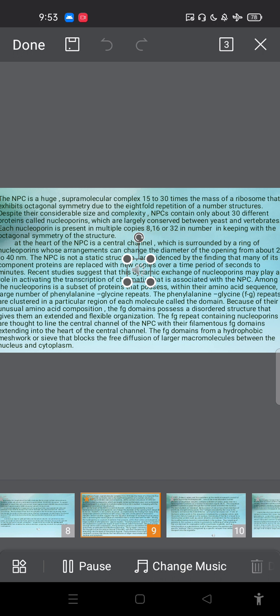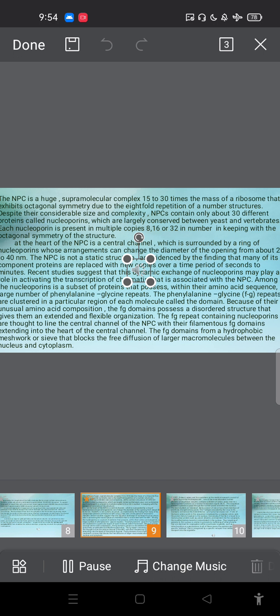At the heart of the NPC is a central channel which is surrounded by a ring of nucleoporins whose rearrangements can change the diameter of the opening from about 20 to 40 nanometers.